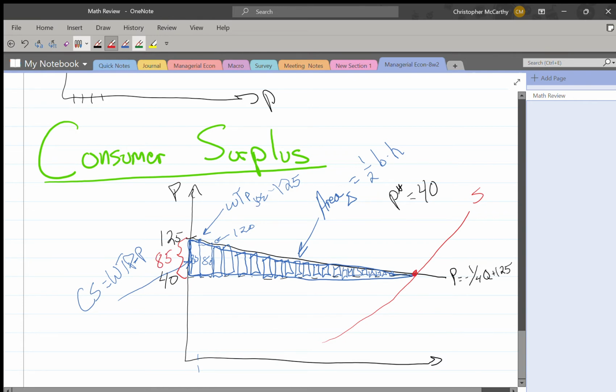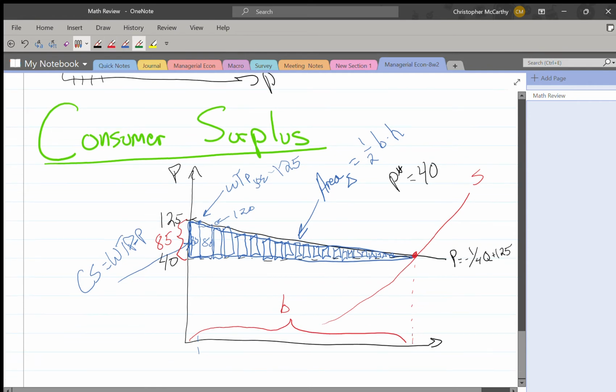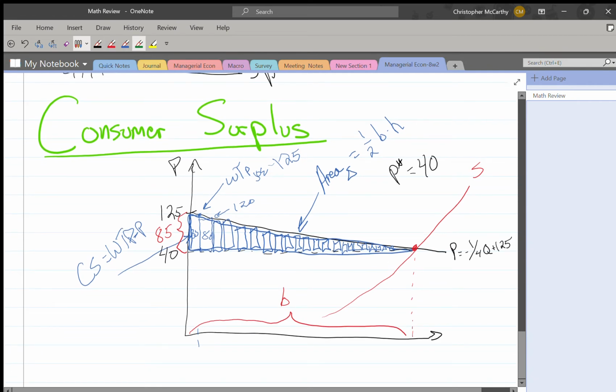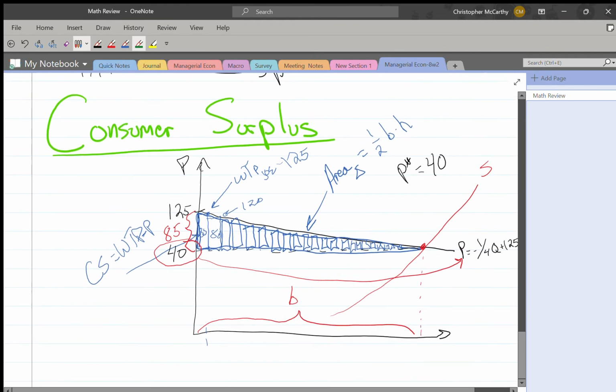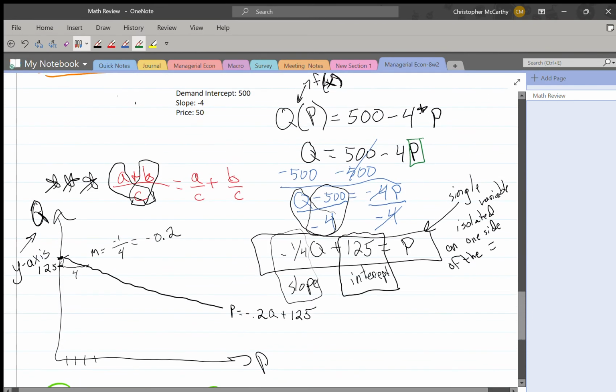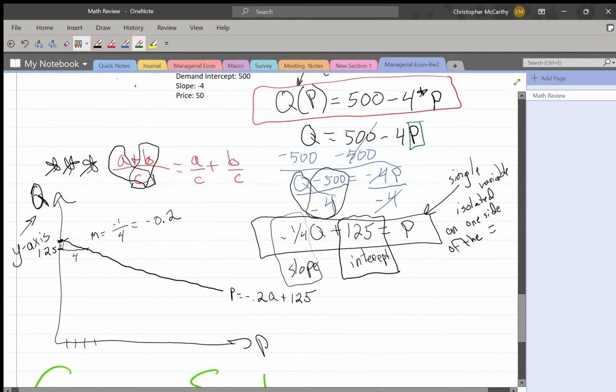But the thing that we need to figure out is what is the base, right? To solve for this b, we're going to take this price and we can either put it into our inverse demand equation, or the easier thing, which is what we're going to do, is put it in our regular demand equation, because we're looking for the quantity.